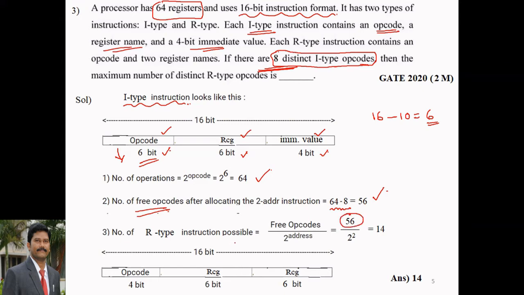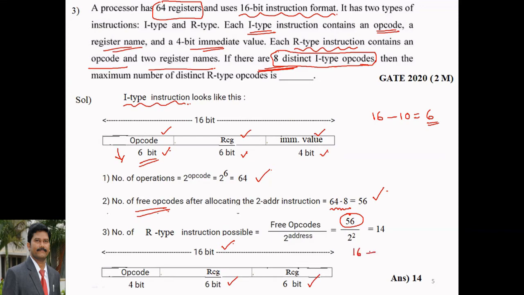Now R type instruction possible. In the R type instruction, 16 bit we need to write here the same. And in the R type, what fields are there? The R type instruction consists of an opcode as well as two address names. Two address means each 6-bit as well as 6-bit. So how many opcode bits are there?